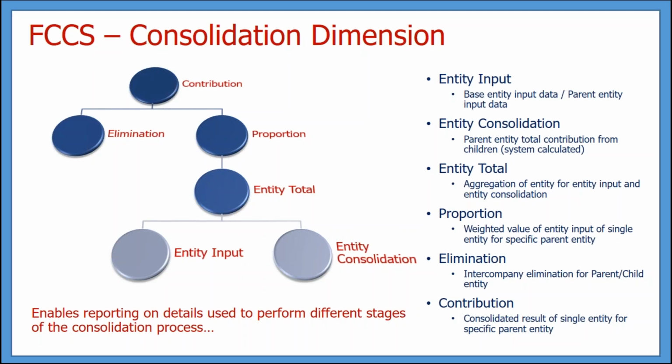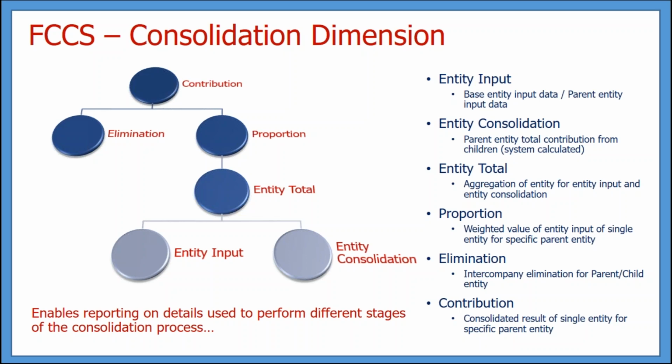But again, the goal here with using the consolidation dimension within FCCS is its ability to enable reporting on details that are used to perform different stages of the consolidation. Because of the way FCCS handles its consolidation, it starts with the entity input member, where you actually store base entity input data as well as parent entity input data.